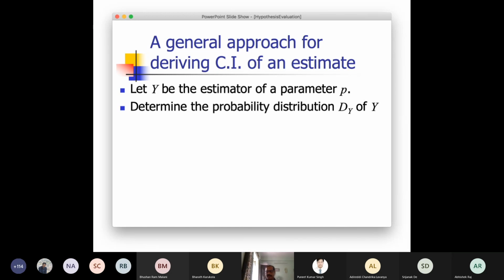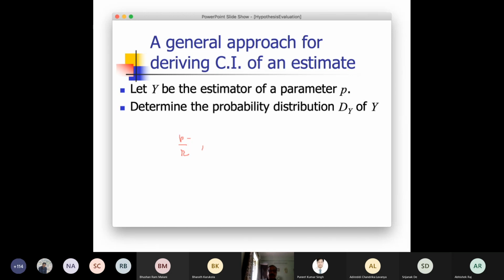So in our context, if I consider an estimator like r by n, r by n was our estimator of parameter p.